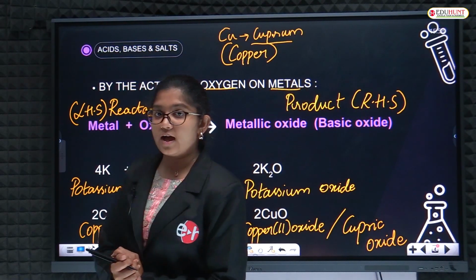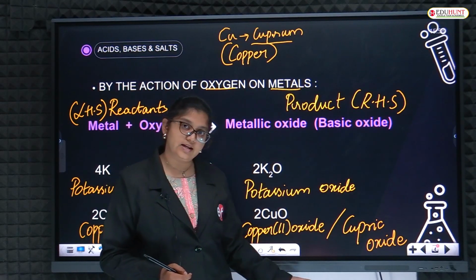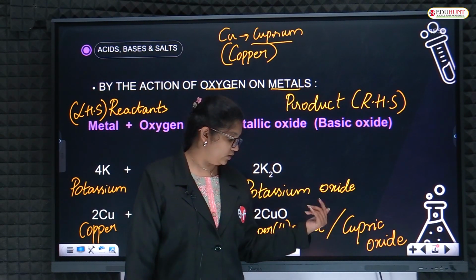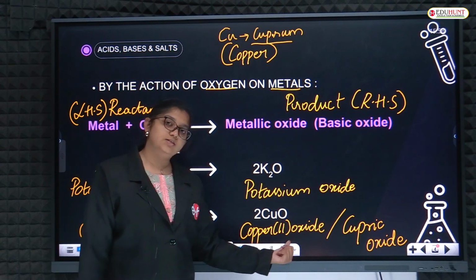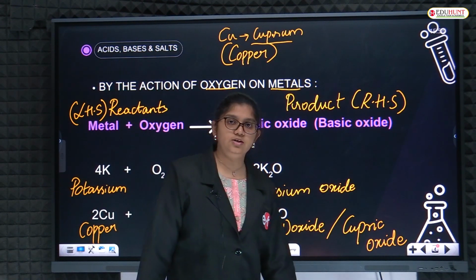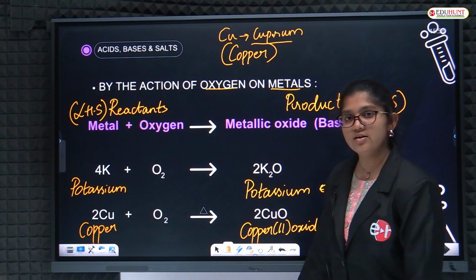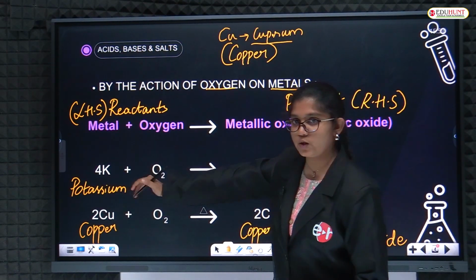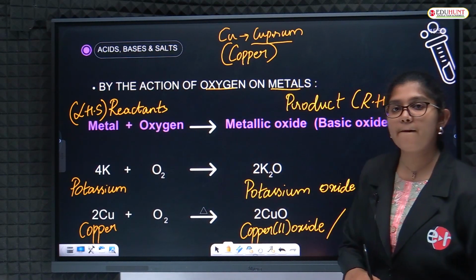By the action of oxygen with metals, we get a metallic oxide, that is also a base or alkali. So here we got potassium oxide and copper oxide, also called cupric oxide. These are examples for the particular reactants taken. Children, this is all about the first preparation by the action of oxygen with metals.